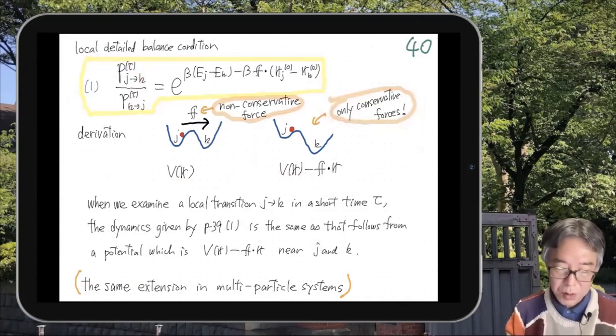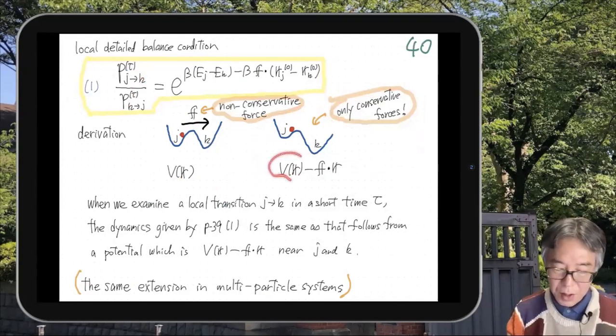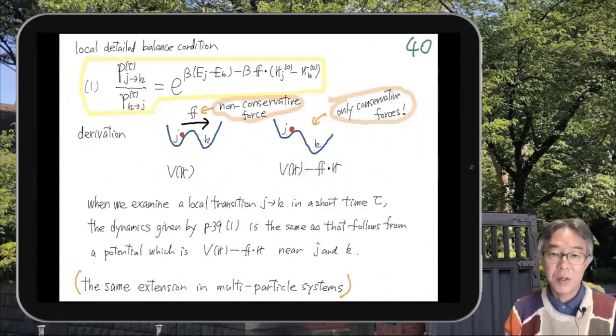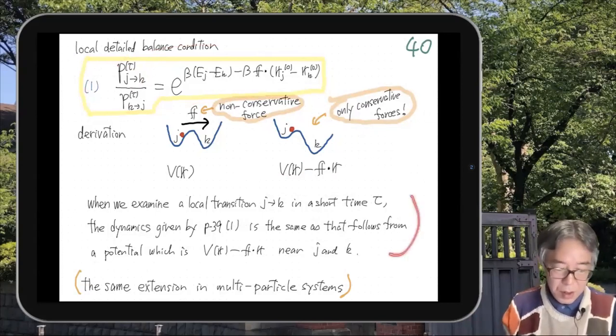We have no non-conservative force, but we have this modified potential, which describes this F. And this is a standard potential, so we can simply repeat our discussion of the detailed balance condition and derive this new local detailed balance condition. I explained the same thing here.